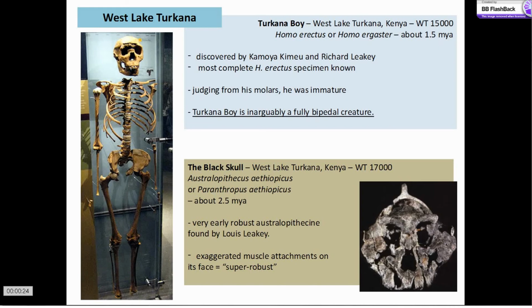But as research went on, and as more specimens of erectus-like creatures were uncovered in Africa, some people began to suggest that the African examples were different enough that they should be given their own species name. And so a lot of folks will call Turkana Boy a Homo ergaster.